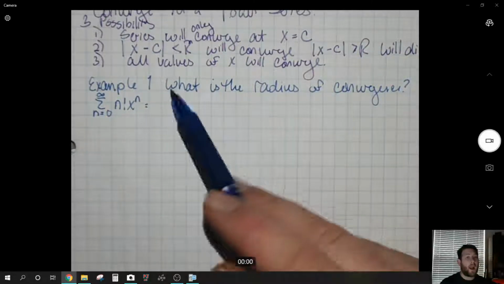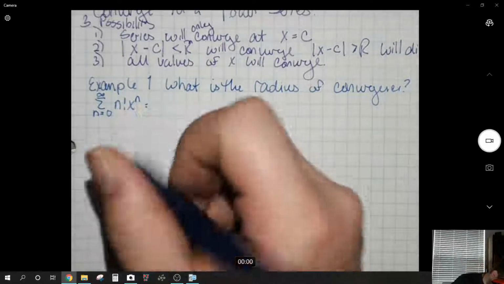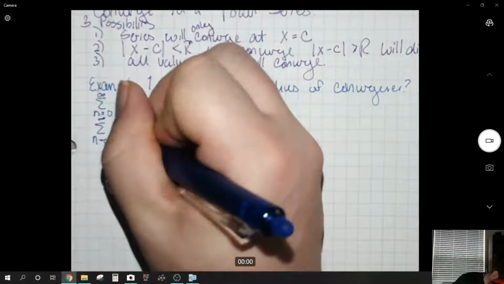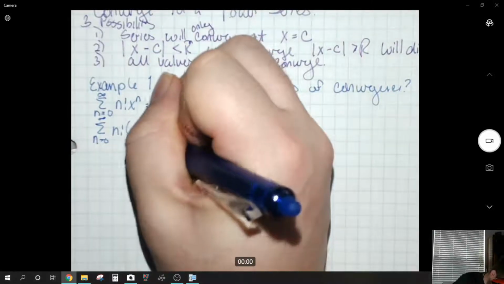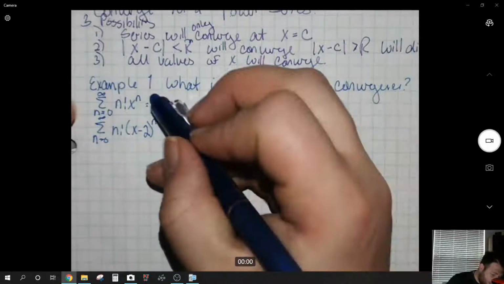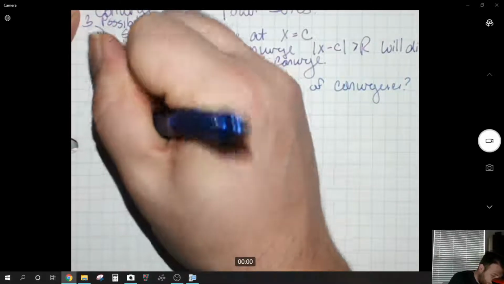The reason I know this is because if the series looked more like this, then that would be centered at 2, not 0. So I know the series will be centered at 0.